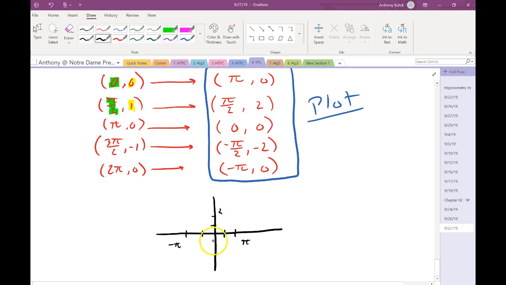So there's 1, 2, negative 1, negative 2. Now I'm just going to plot these 5 points. So I have pi, 0, pi over 2, 2, 0, 0, negative pi over 2, negative 2, and then negative pi, 0. If I connect these, I'd have something that looks like this.